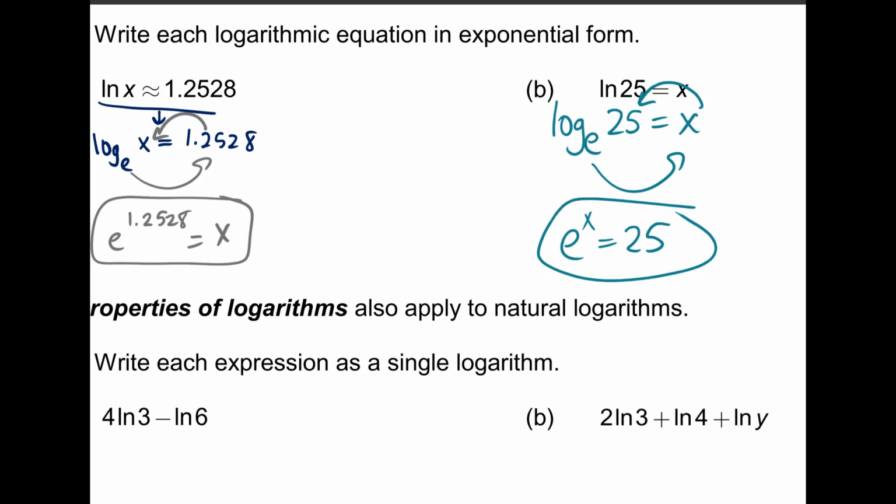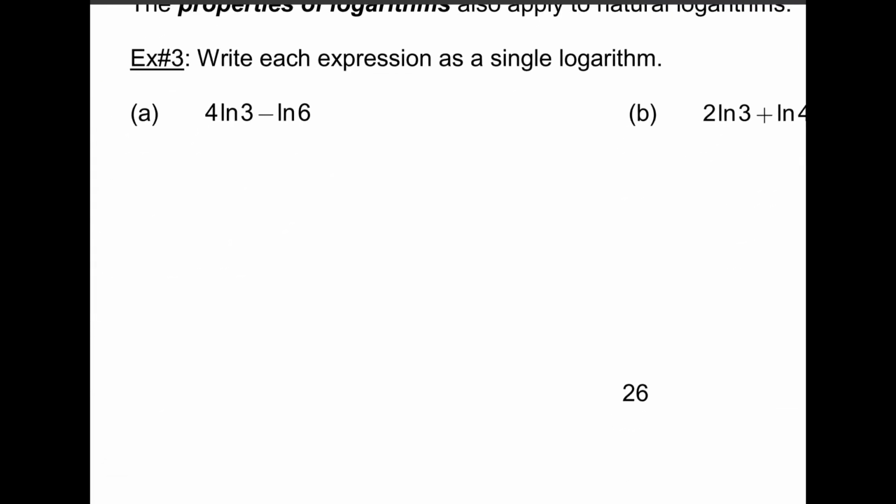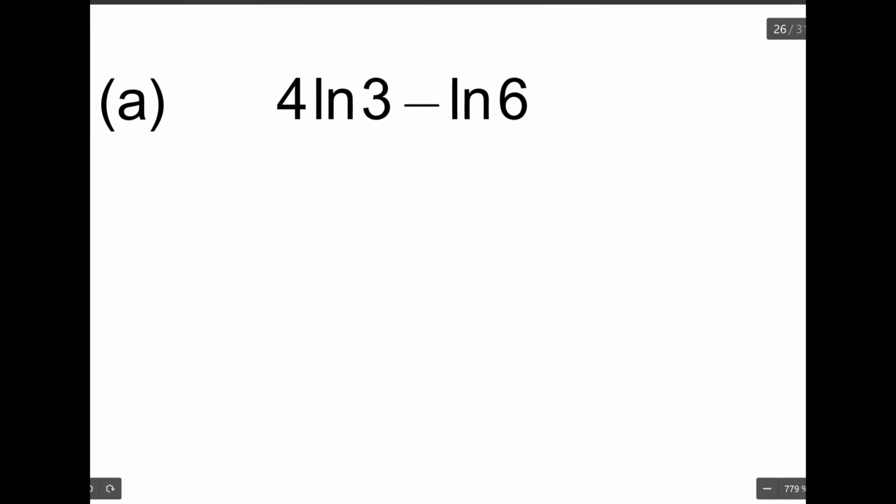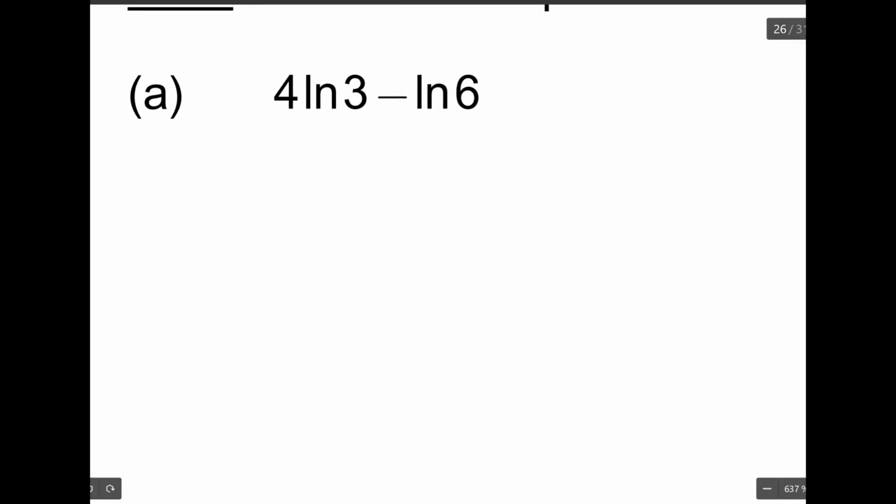All right, surprise, surprise, properties of logarithms can also apply to natural logs. So example A, I want to write this as a single logarithm. This is a review of what we did Thursday in class: 4 times ln of 3 minus ln of 6. First thing we should do, what should I do? I'm wanting to condense this.